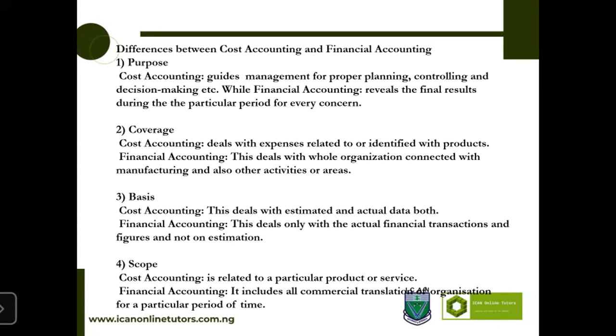Another one you can see is planning, controlling and decision making, three key things that I've been mentioning. While financial accounting is just to record the financial position of an organization.